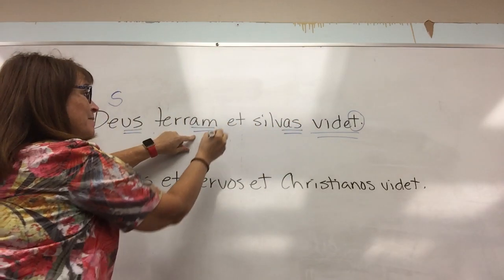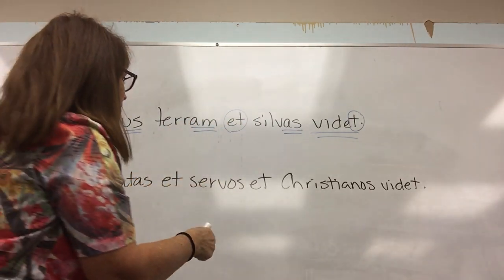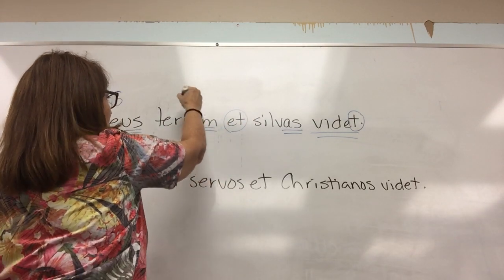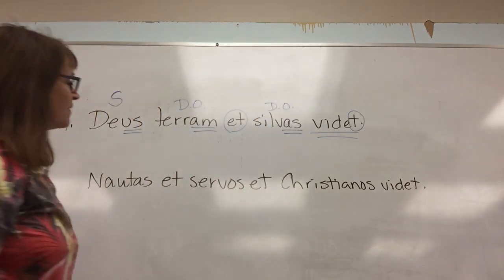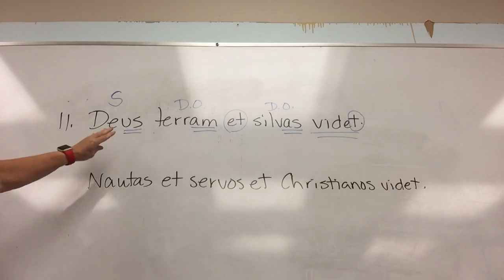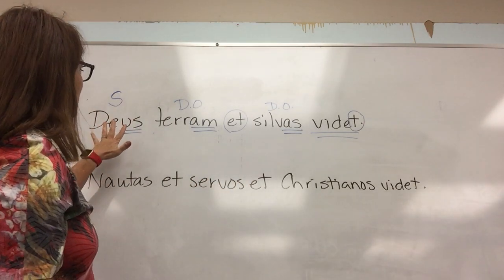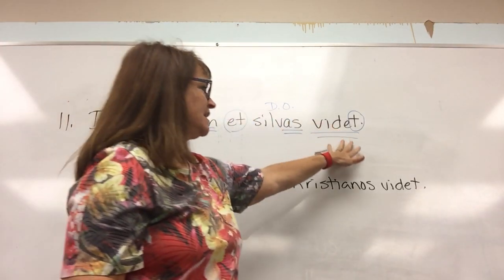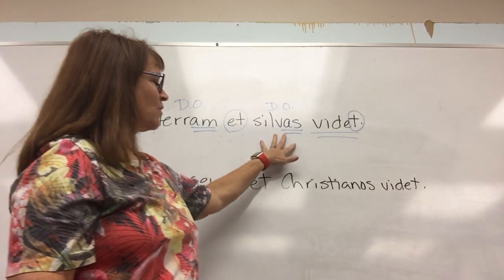Deus, okay, combined with an et there, so you know they're going to be the same job because there's an et between them. Okay, and we know terram is a direct object ending, okay? So we'll do our same pattern, subject, verb, direct object. God sees, he sees what? He sees the land and the forest.